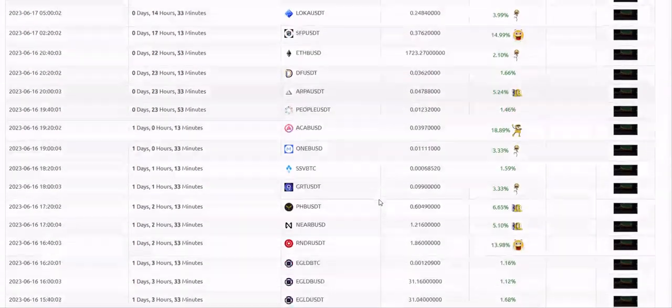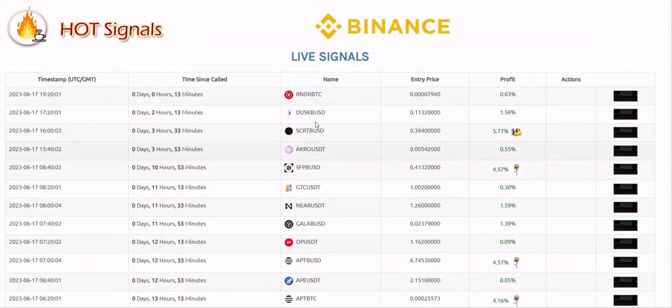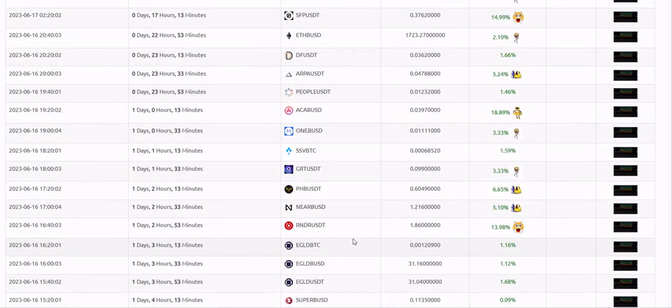So if we want to really see what's happening and treat the auto trading system fairly as far as its results, we go back down at least a few days. We scroll down. So here's one, Render, which was just called against Bitcoin 13 minutes ago.